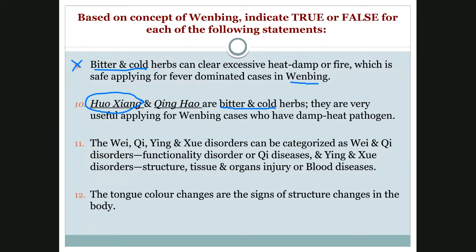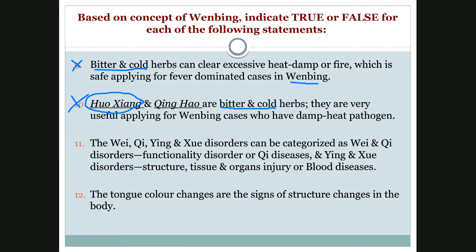So the second half of the sentence is correct. They are very useful in damp heat conditions in Wenbing cases. So this whole statement is incorrect because the first half is incorrect, even though the second half is correct.